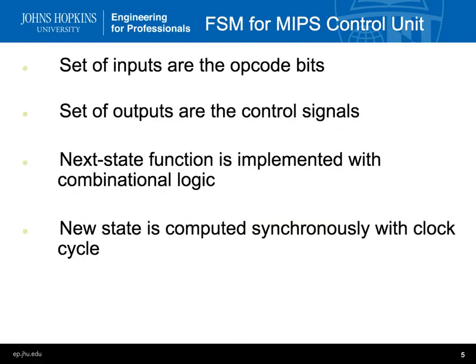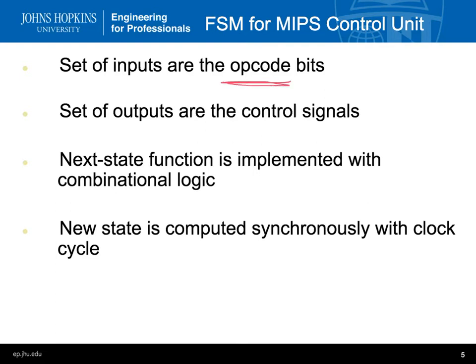Okay, so let's talk about the control unit. Hopefully this will get clearer as this goes along. So just like in the single cycle, we had a control unit. In this one the values of the control unit signals are going to be controlled by the opcode.